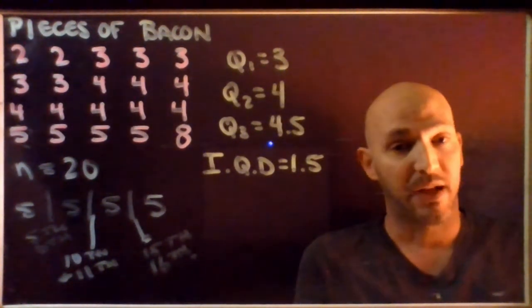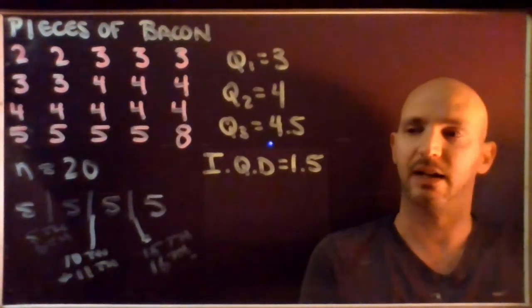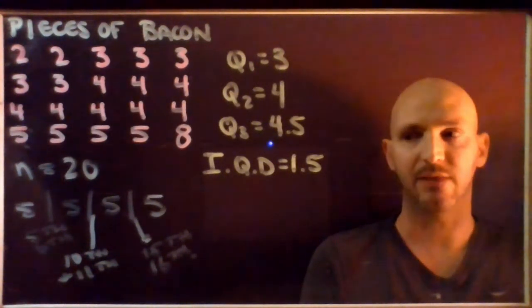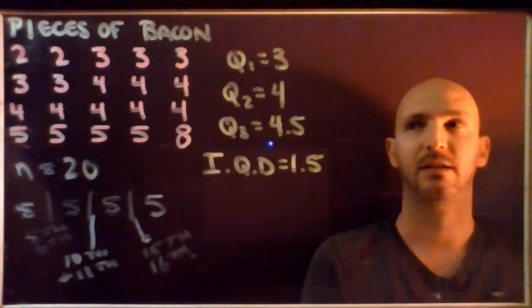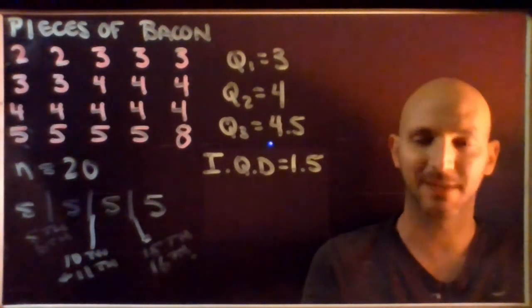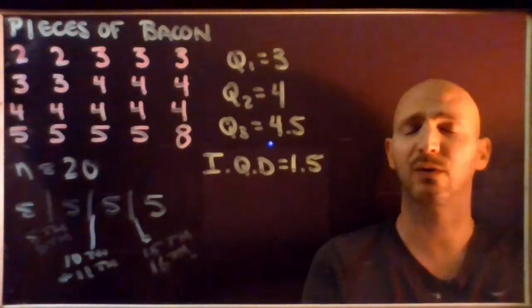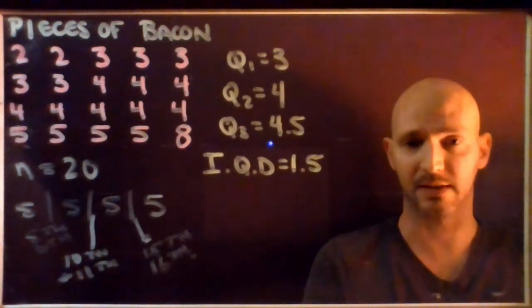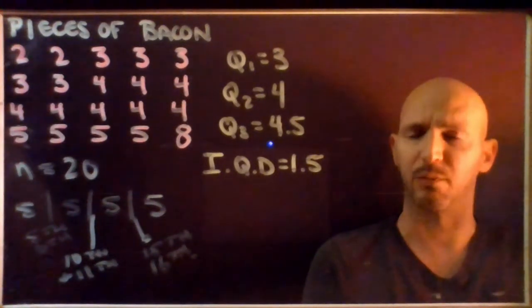So as you may have picked up in the videos that you're watching in the Khan Academy content, they suggested that if a data point is more than 1.5 times the interquartile distance away from the median, then it's considered too far out to be part of this set. So that's a lot to sort of roll around in your brain there.